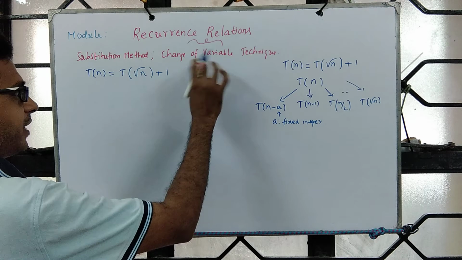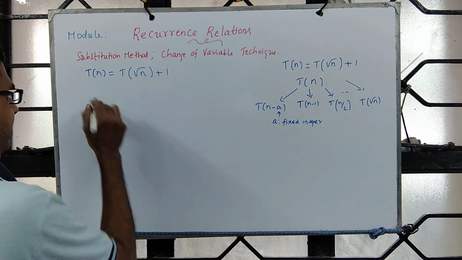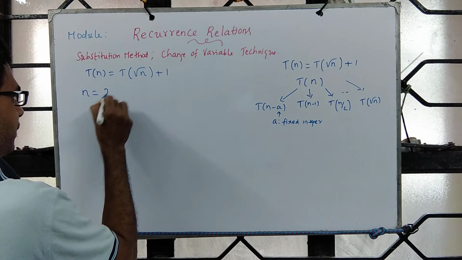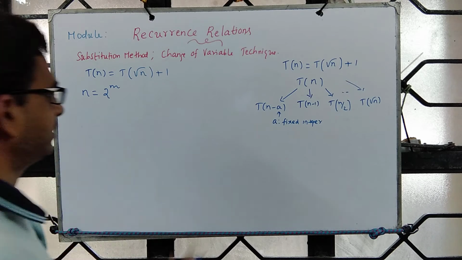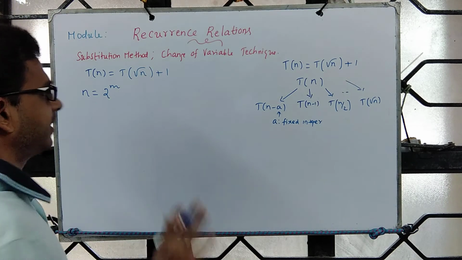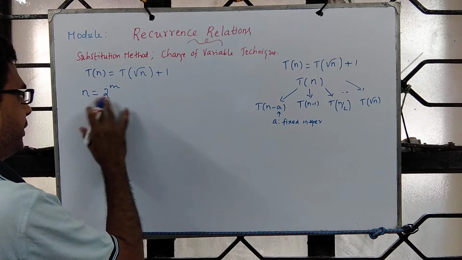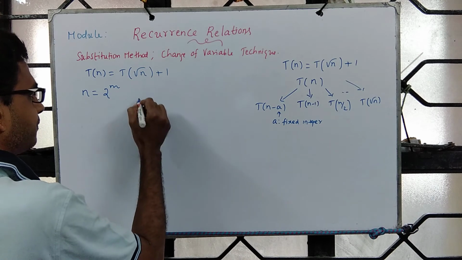It is change of variable, which means I need to change the variable n to something else. So what I do, substitute n is equal to 2 power m. This is just a local change, and I am doing this just to arrive at solution for t of n. Later I will have to substitute back with appropriate value for m.